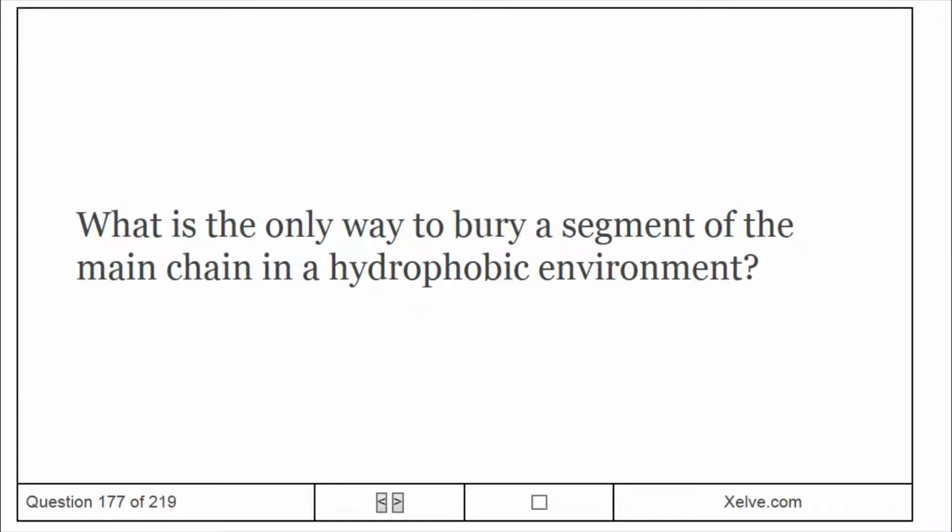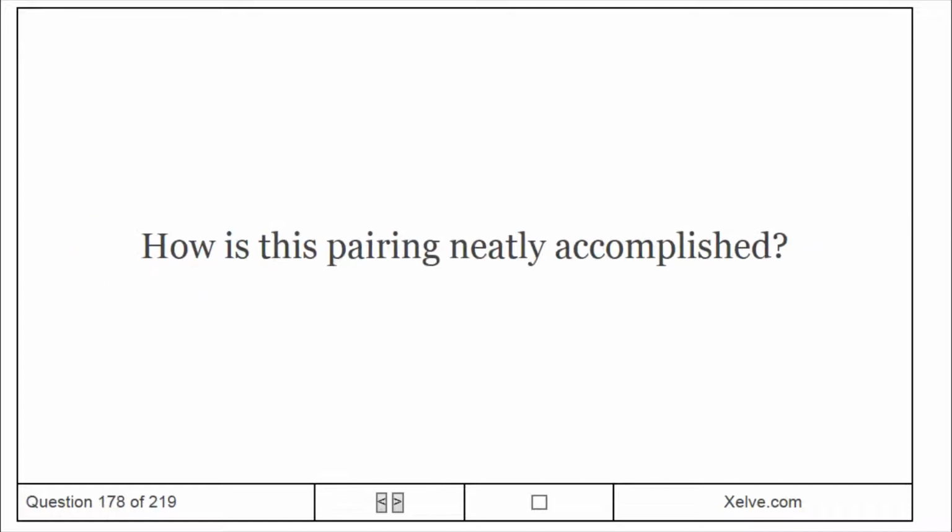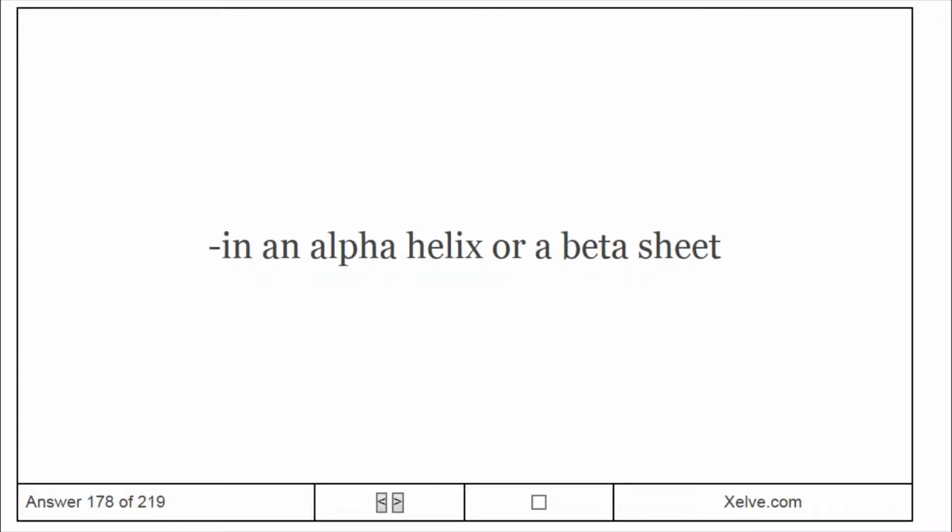What is the only way to bury a segment of the main chain in a hydrophobic environment? To pair all the NH and CO groups by hydrogen bonding. How is this pairing neatly accomplished?